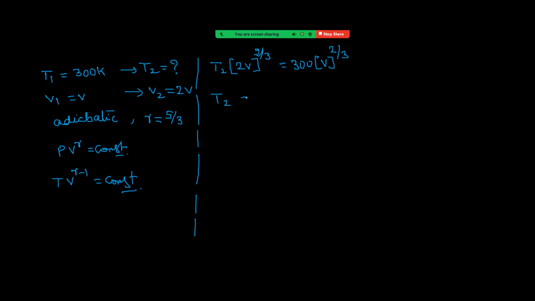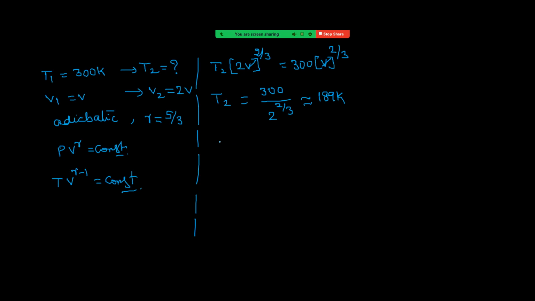That means T2 value, so V and V get cancelled. Remaining is now 300 upon 2 power 2 by 3. Okay. And that value comes out to be approximately 189 Kelvin approximately. Okay. Next, see what else we have to calculate.